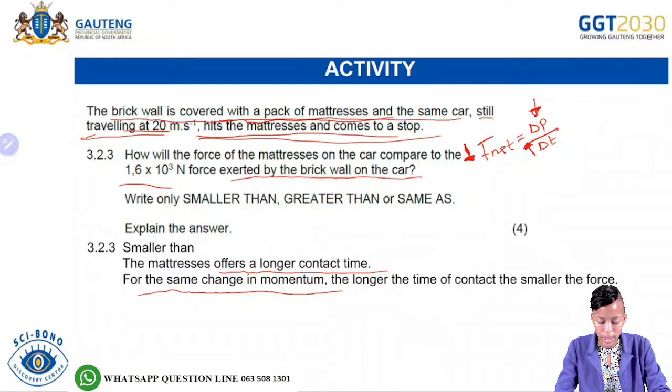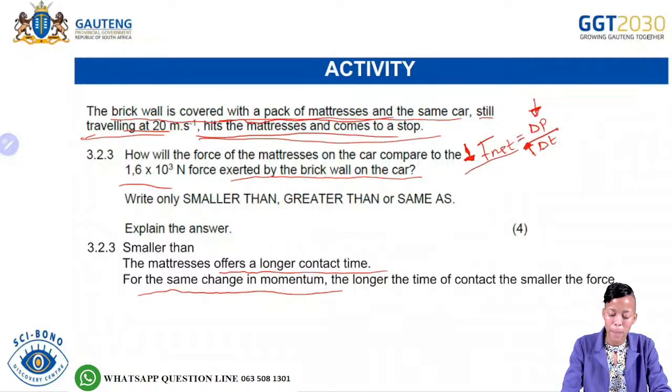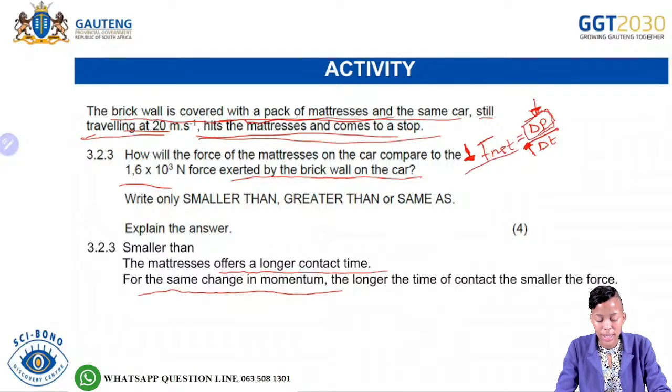So if there's a decrease in the net force, again, remember when we spoke about the injuries, we said that the passenger inside the car would therefore experience less injuries, but that is for the same what? That is for the same change in momentum.